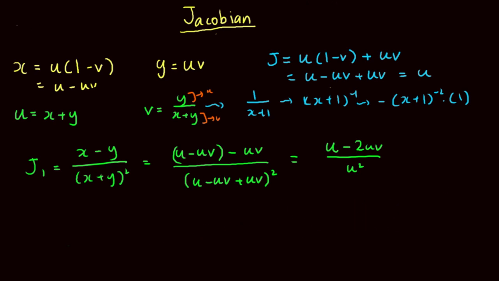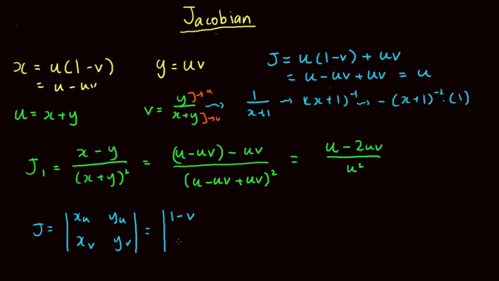Okay, so the Jacobian is the matrix with xu, xv in the first row and yu, yv in the second. So xu is simply what? It's just 1 minus v.